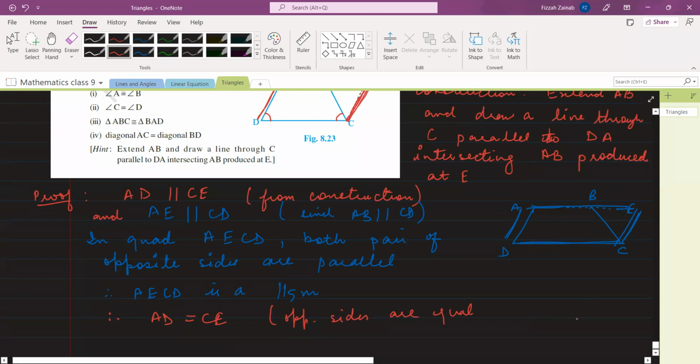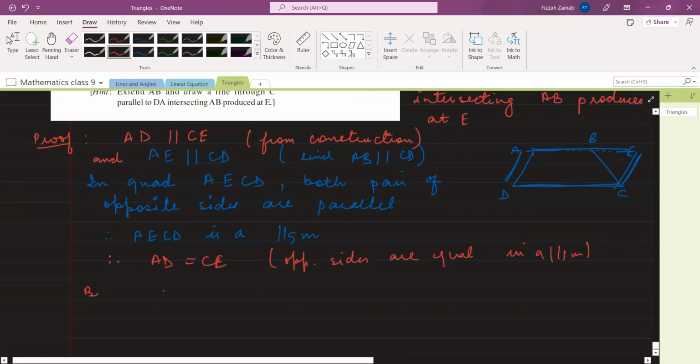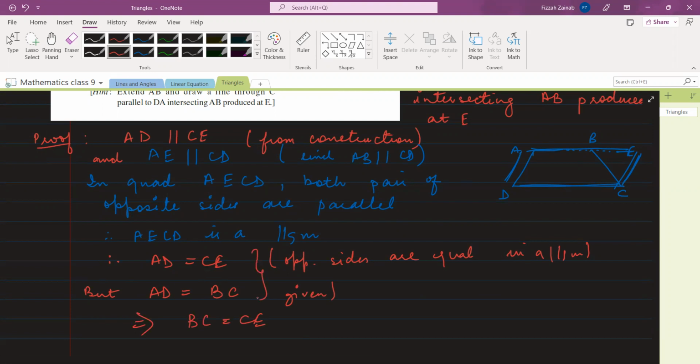So that is why AD is equal to CE, right? But in the question it was given that AD is equal to BC. So what does it imply? It implies that CE is equal to BC, isn't it? Both are equal to AD, so that means CE is equal to BC. Is that clear?